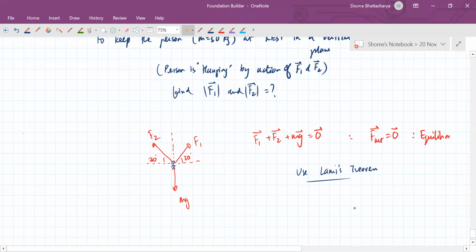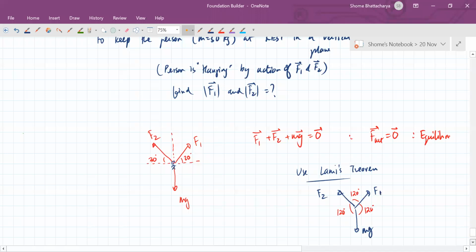In Lami's theorem, you can see that the three vectors whose sum is 0. Okay. Now you can see this angle is equal to 30 plus 90, 120 degrees. This angle is also the same, and this angle is also the same.